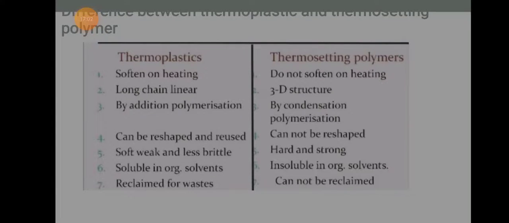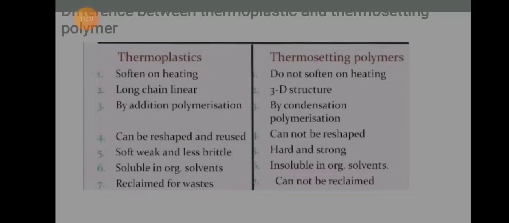The second point is that thermoplastics are long chain linear, but thermosetting polymers have a 3D structure. Thermoplastic polymers can be formed by addition polymerization, but thermosetting polymers can be formed only by condensation polymerization.